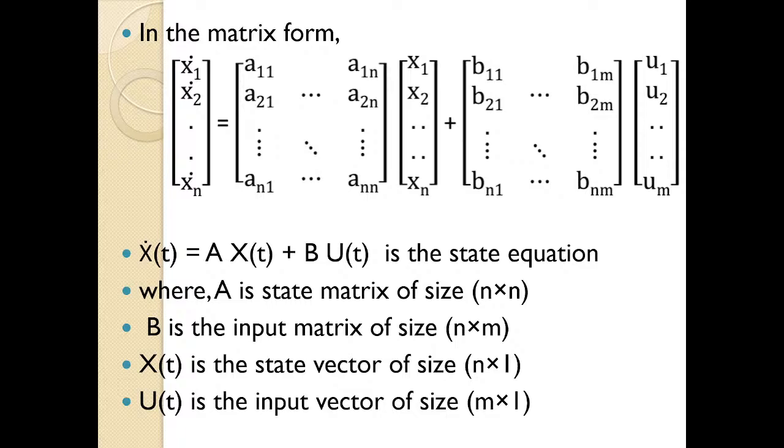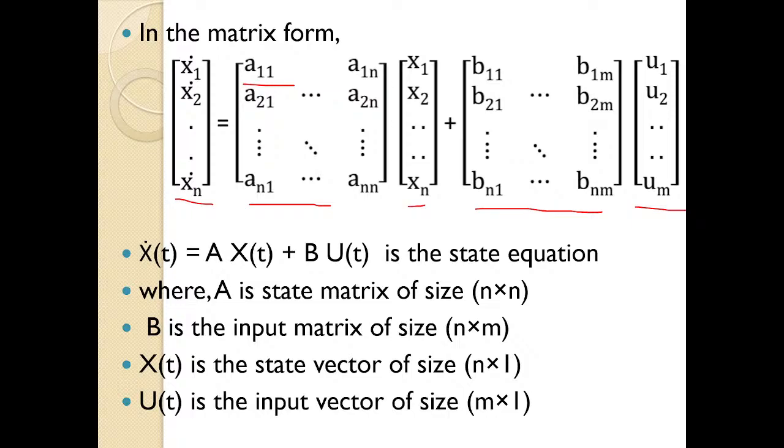So these are all the first order derivatives of state variables, coefficients in one matrix, all the state variables in one matrix, all the coefficients of your inputs in one matrix, and the inputs in another matrix.